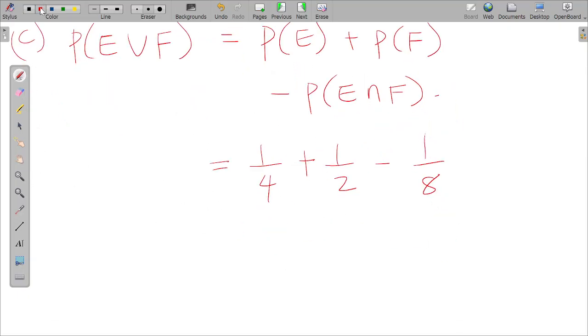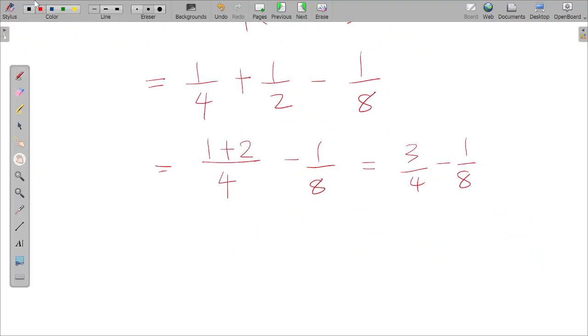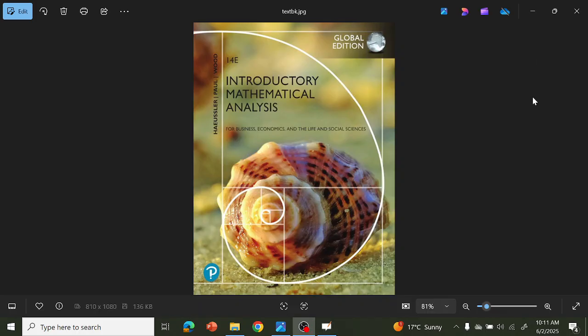Using a common denominator of 4, this gives 3 over 4 minus 1 over 8. Using a denominator of 8, this is 6 minus 1 over 8, which is 5 over 8. That is the answer for that one. Please ensure that you understand what we have done so far. Thank you.